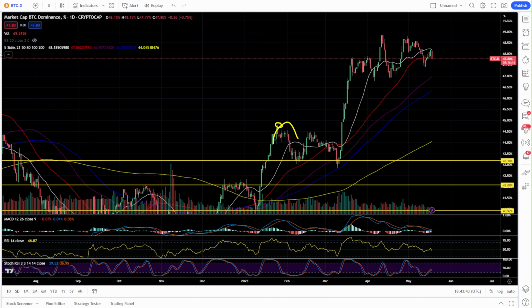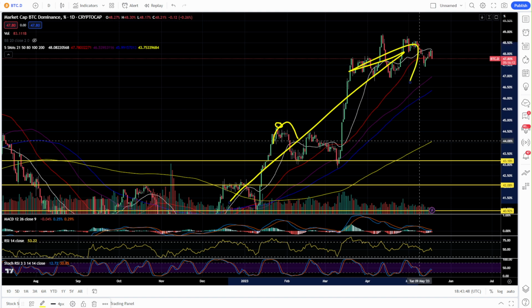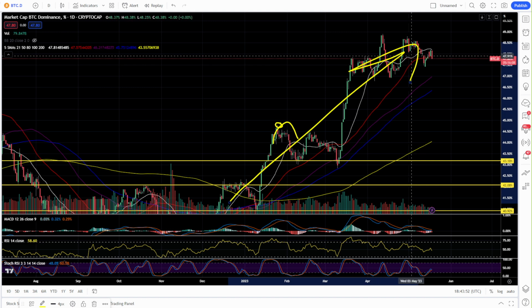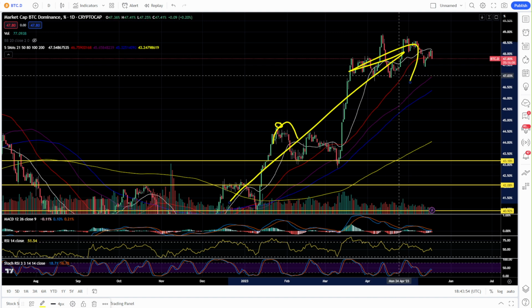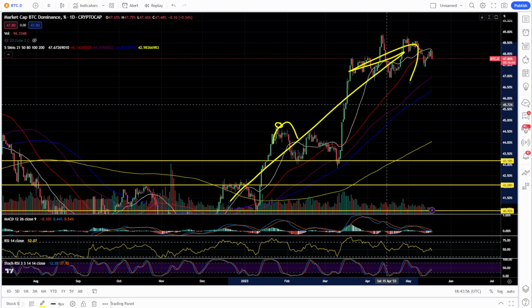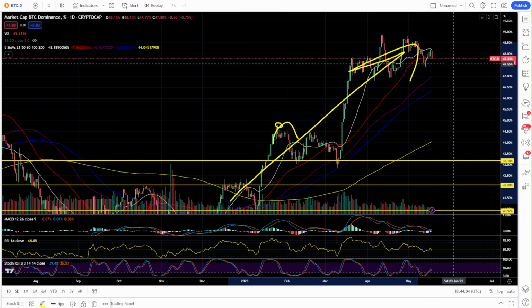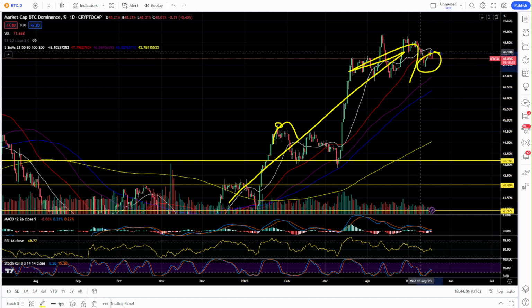But when Bitcoin dominance is working higher, this is not good for altcoins, right? Typically, altcoins take a hit. This is an oscillator between 0 and 100, and right now Bitcoin makes up 47% of the entire market share.